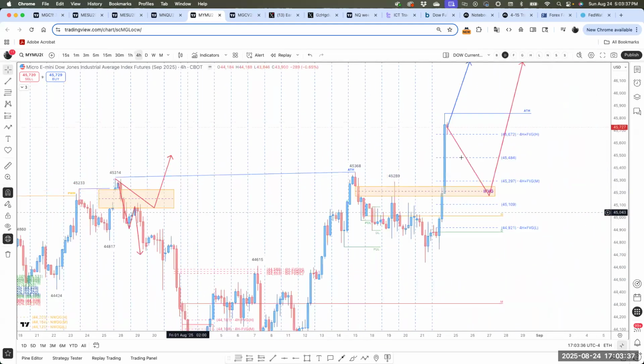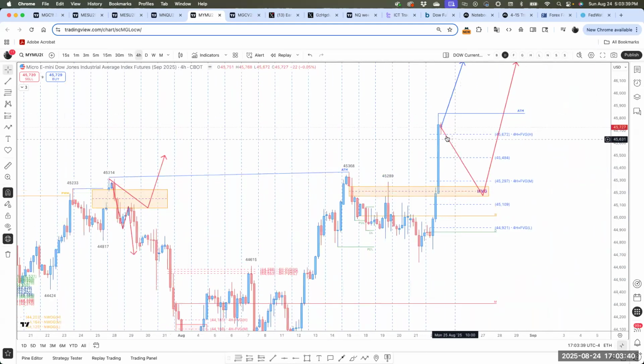If we're going to sell this high right here, we want to see something like this happen up here on some time frame. So we want to see price trade through the high, a fair value gap, a fair value gap failure, and then a sell off into this range down here. And then once we get in this range, we can be like, all right, cool. We start seeing rejection. Then we can look for a buy.